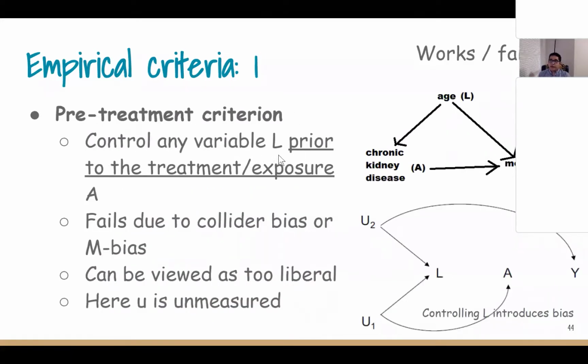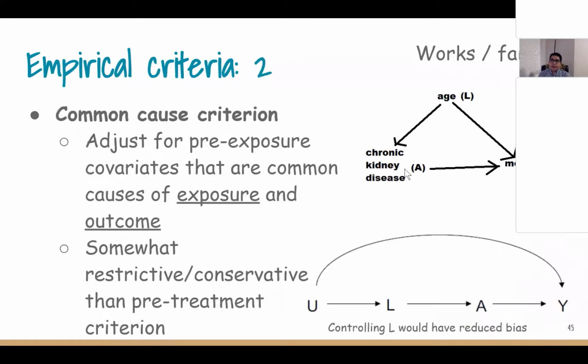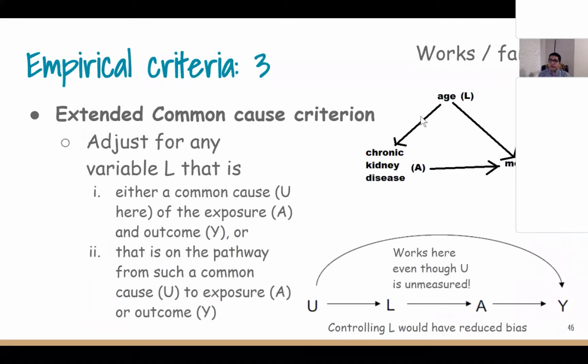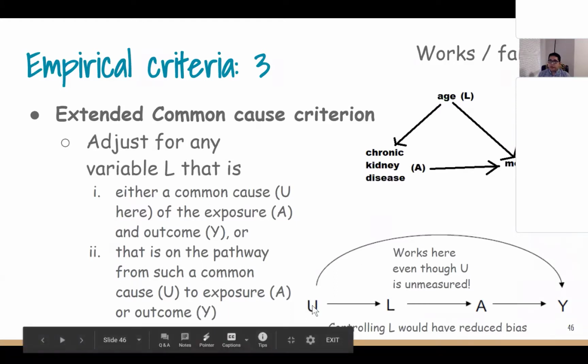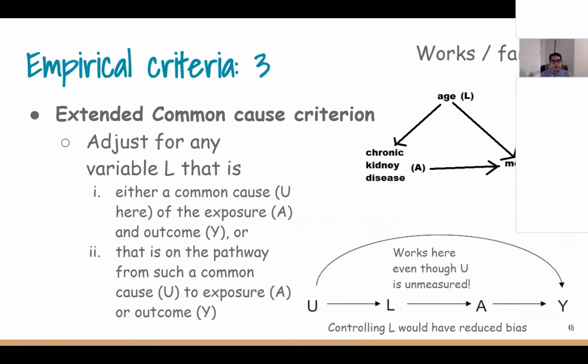So in here, I'm just requiring a variable to be measured before the treatment. In here, I'm requiring the variable to be associated with both. And in here, I'm saying that it can be a bit more complicated than that, where if this is not measured, I can take a variable that is caused by this variable, right? So we are building on the ideas to try to identify a better way to identify confounders.